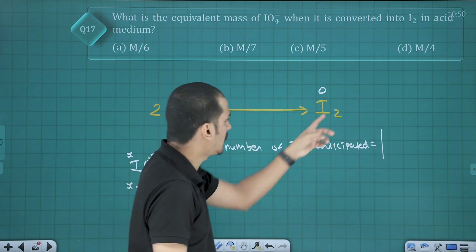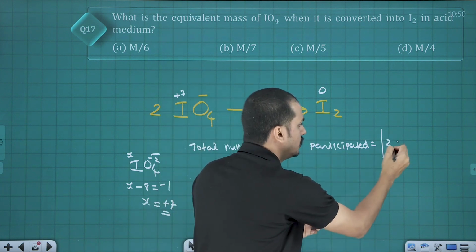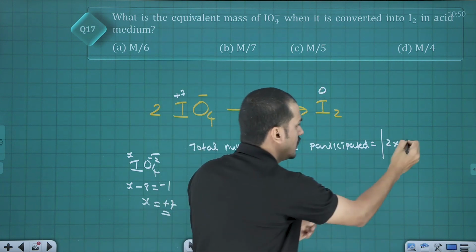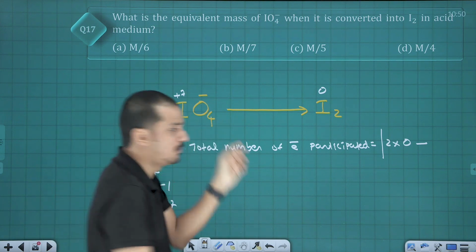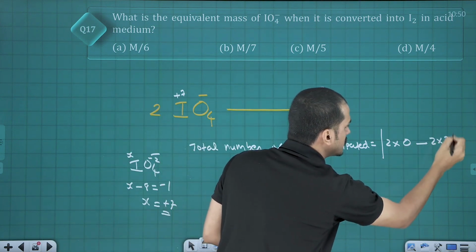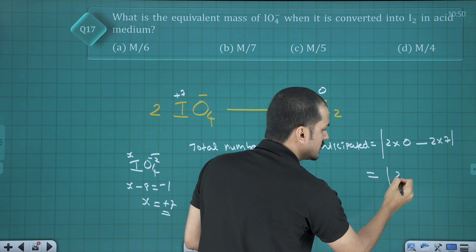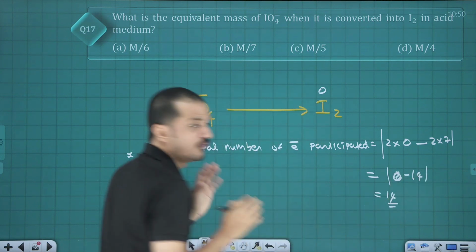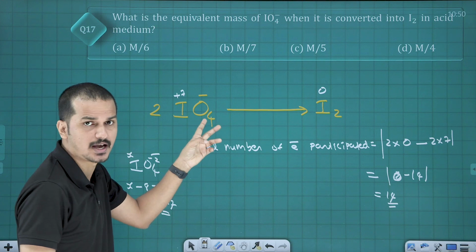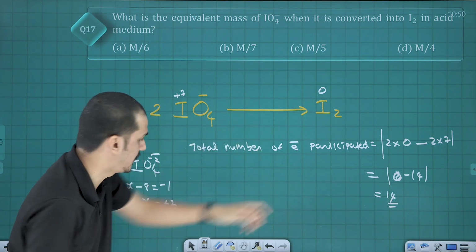Modulus of: here how many iodine? 2 iodine, oxidation state 0. Minus, here how many iodine? 2 iodine, oxidation state 7. So 2 into 7. That means 0 minus 14, that means 14 I got. So for 2 molecules of IO4 minus, 14 electrons are participated.